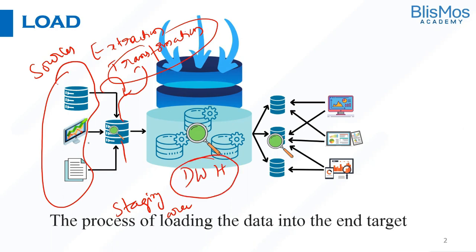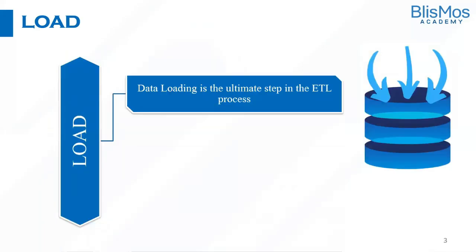So we extract the data from different sources, subject that data to transformation, and then load that into the data warehouse or the end target. For example, now you may load the data from the data warehouse to a data mart after doing some other aggregation or transformation. So loading is a process of loading the data into the end target. Just to summarize, loading is the final step, or ultimate step, in the ETL process.